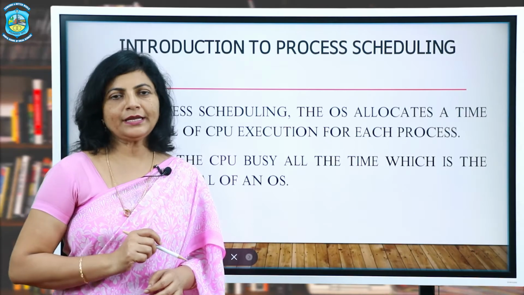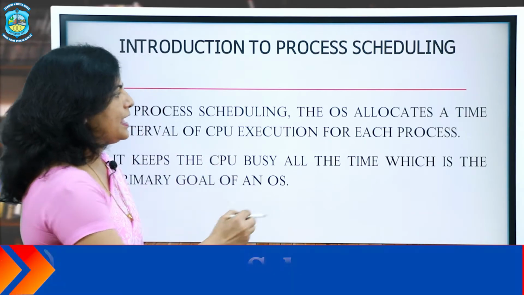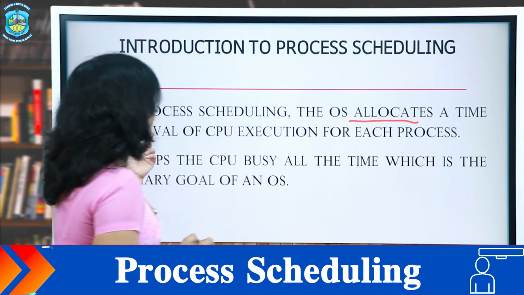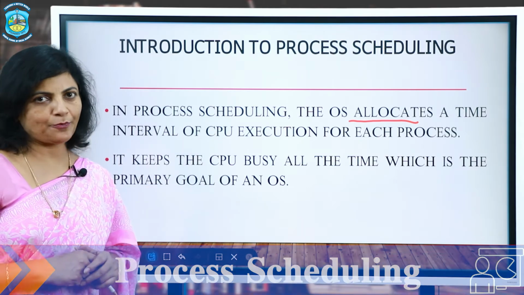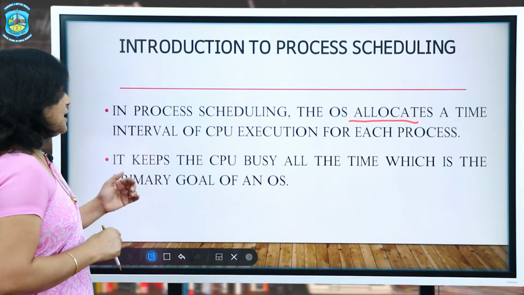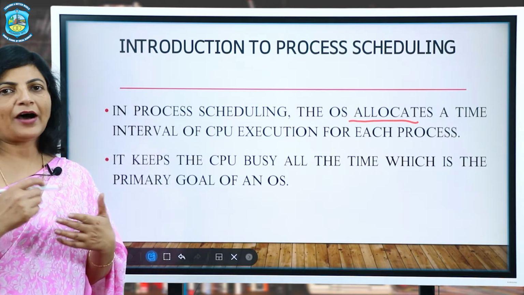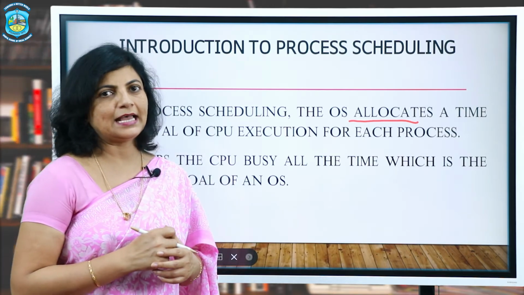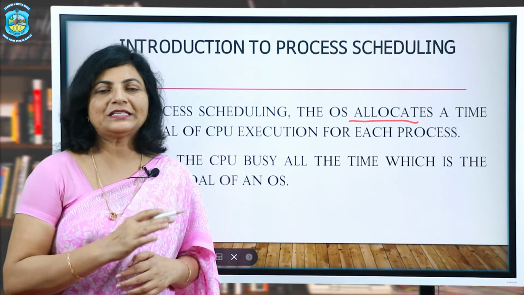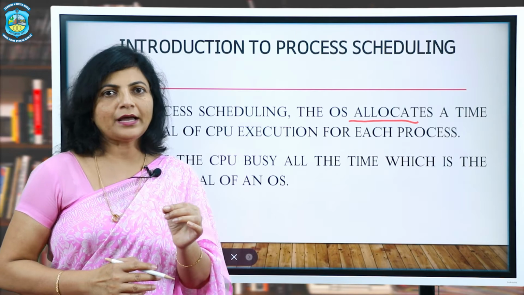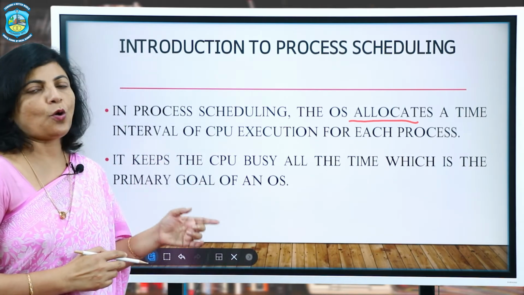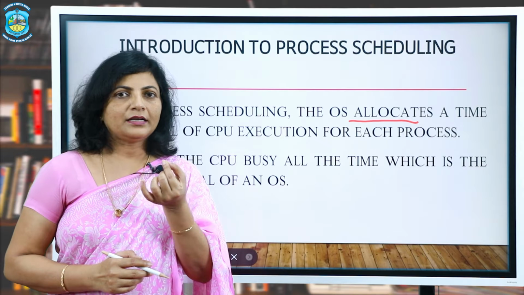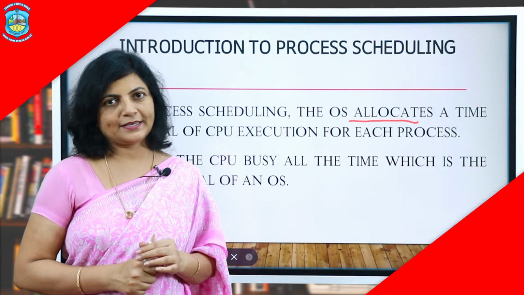In process scheduling, the operating system allocates a time interval of CPU execution for each process. Another important reason why we use process scheduling is that it keeps the CPU busy all the time, which is one of the objectives of the operating system, and it also reduces the response time of a process.